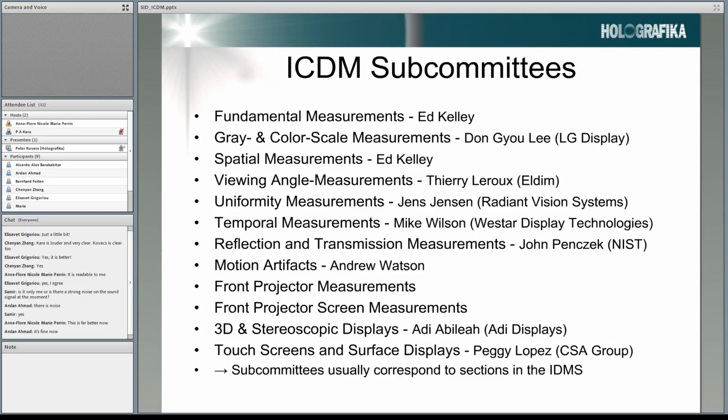There are fundamental measurements, grayscale and color scale measurements, spatial, viewing angle, uniformity, temporal, reflection, motion artifacts, measurements related to projection, as well as 3D and stereoscopic displays, and the recent addition was touchscreens and surface displays. And me, coming from Holographica, we're mostly interested and active in the 3D and stereoscopic display section, so I will emphasize some topics from there.